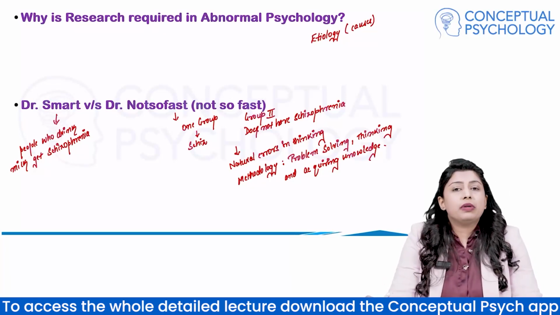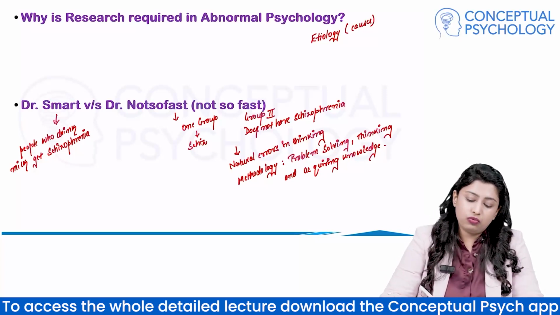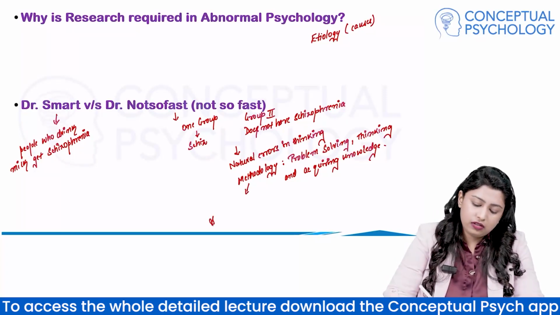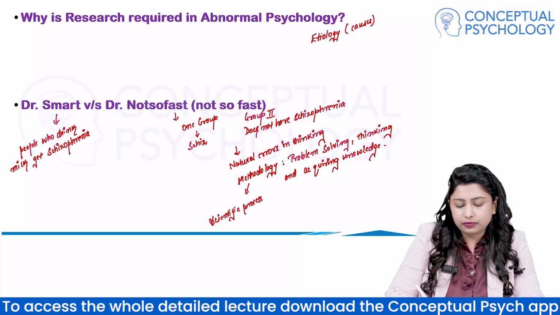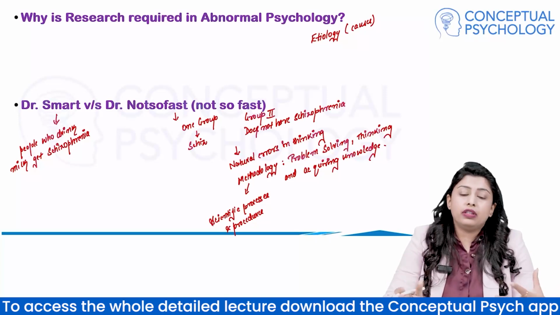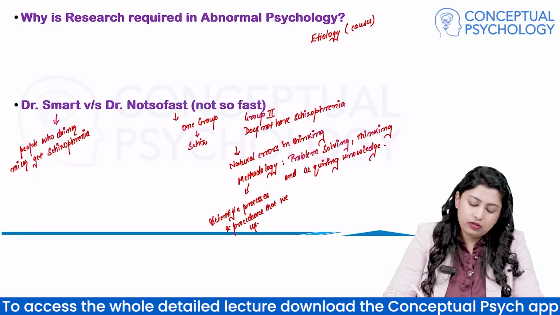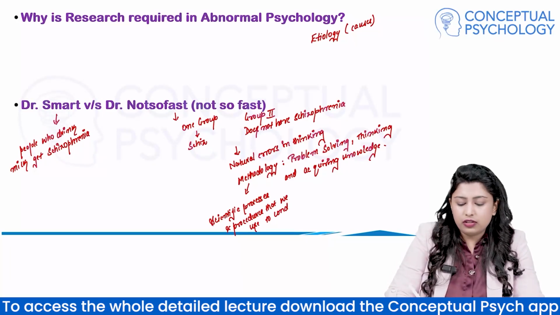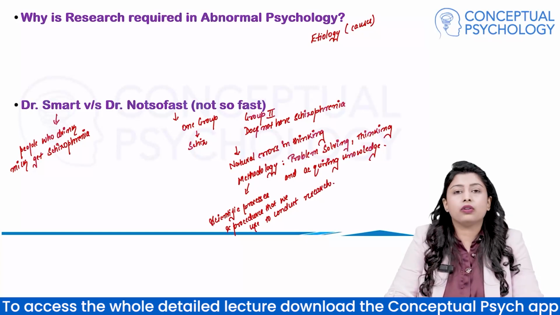So, research methodology, which is the scientific processes and procedures that we use to conduct research, that is the definition of research methodology.